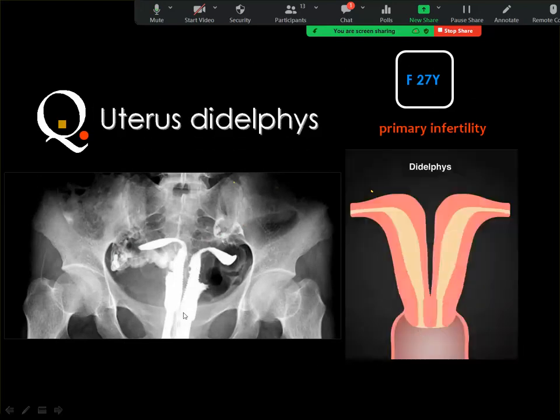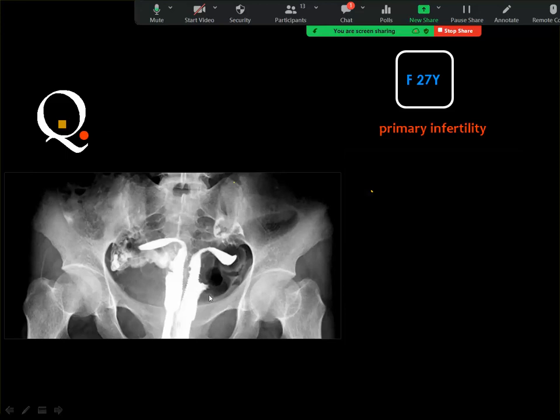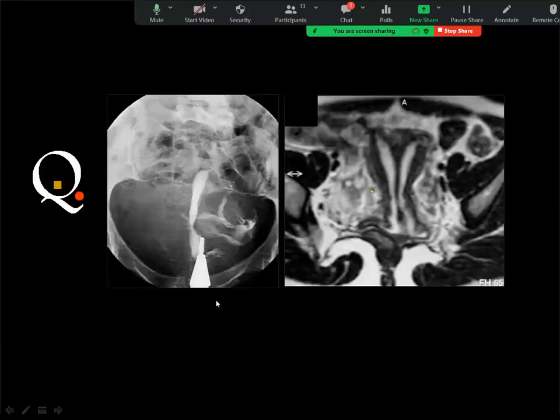This is the classic appearance of uterus didelphys, and in the previous case, the radiologist who performed the examination introduced the cannula in the cervix, and he could not notice that there is another cervical opening.